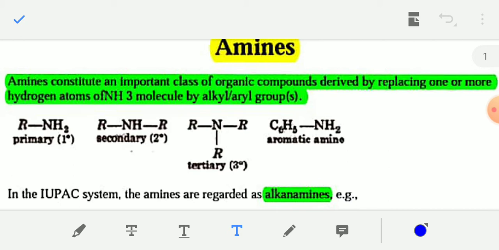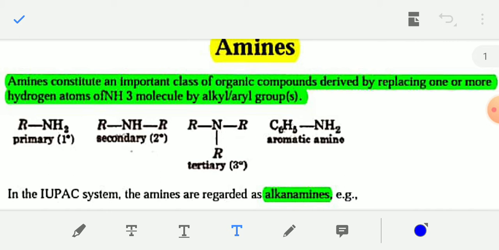So amines are derivatives of ammonia, and depending upon the number of alkyl groups attached with the nitrogen atom in amine, amines can be classified as primary amine, secondary amine, and tertiary amine. That is 1 degree amine, 2 degree amine, and 3 degree amine.